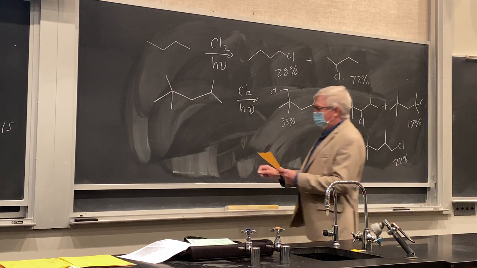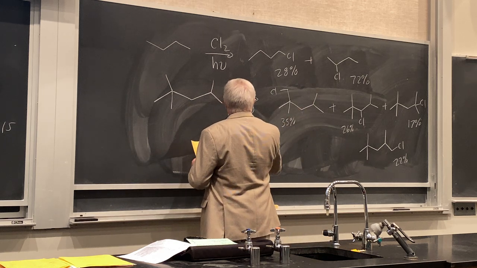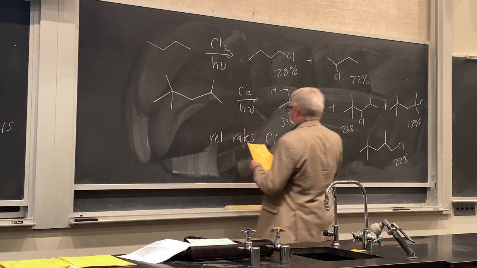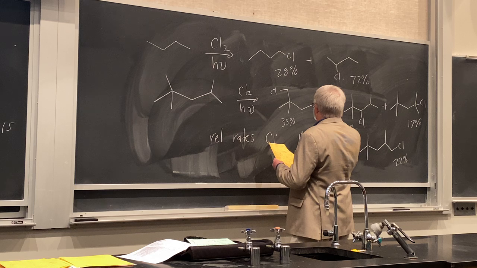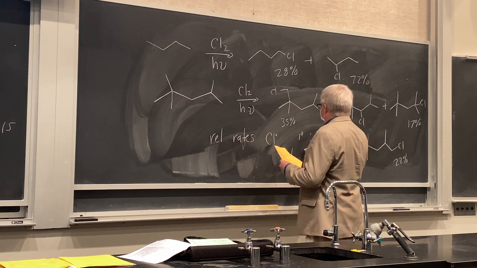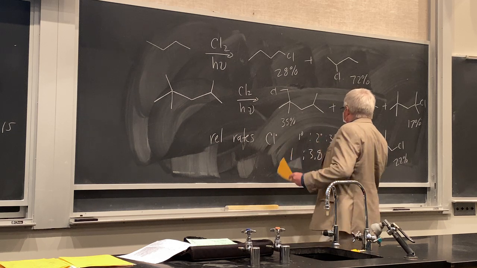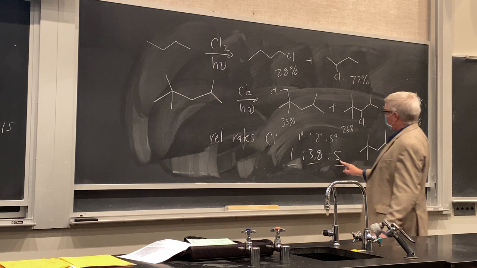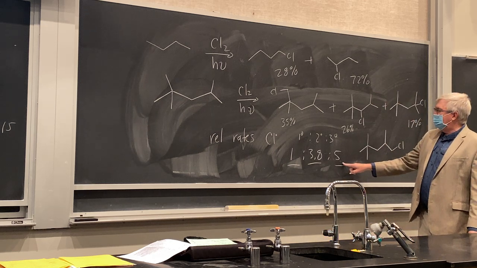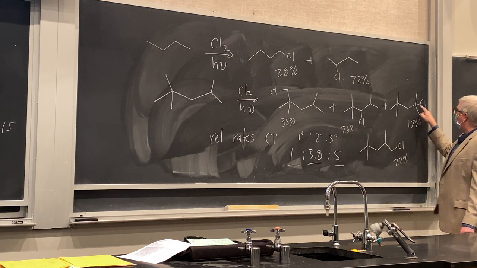So we can look at the relative rates here. There's ways to figure this out, and it's just a kinetic effect for chlorine going on here, primary to secondary to tertiary. It turns out to be 1 to 3.8 to 5, okay? So that's actually not much of a preference for chlorination there, okay? 5 times faster at a tertiary spot, so there should be a lot more of this.